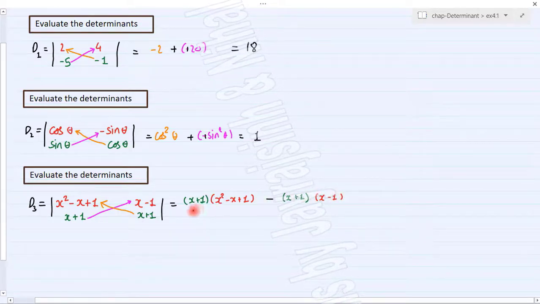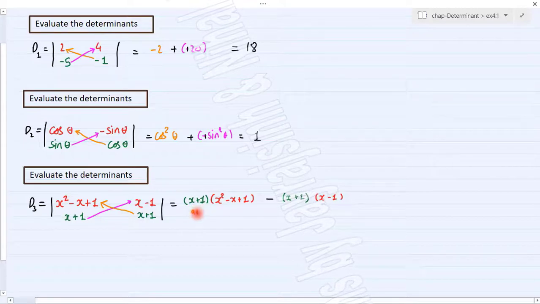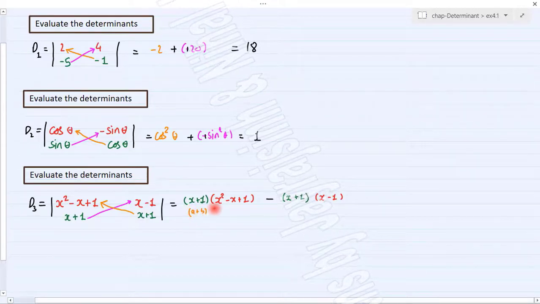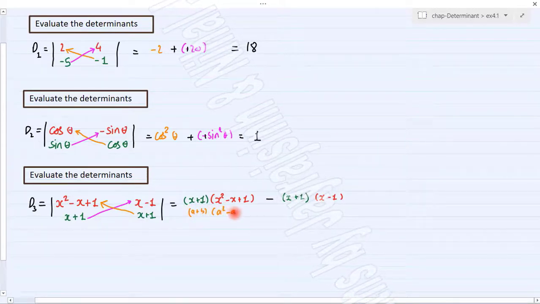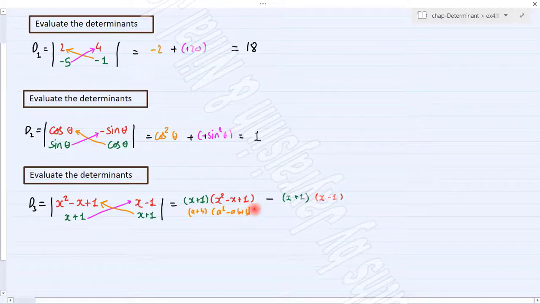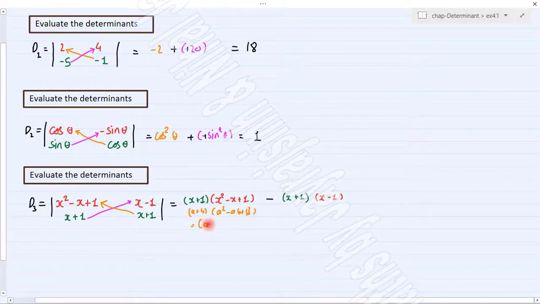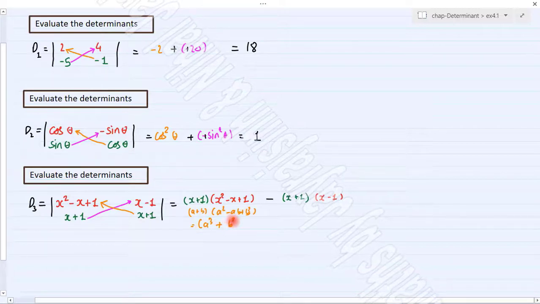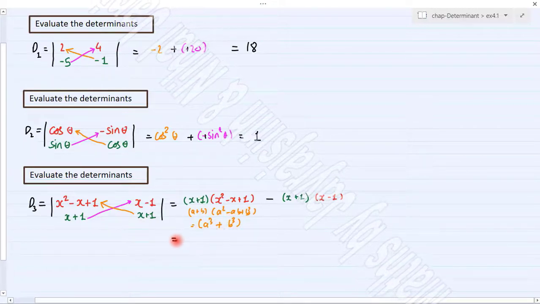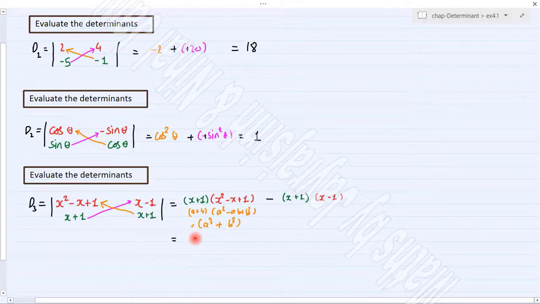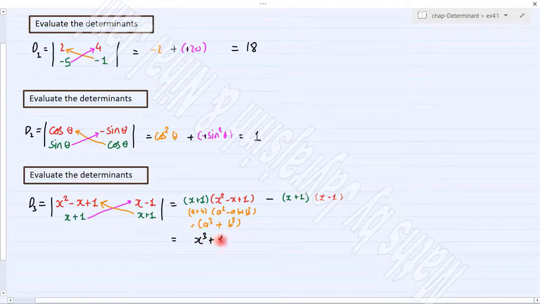Now, in the first term, we have (a plus b) into (a square minus ab plus b square), which is equal to a cube plus b cube. So your first term can be simplified as x cube plus 1 cube.